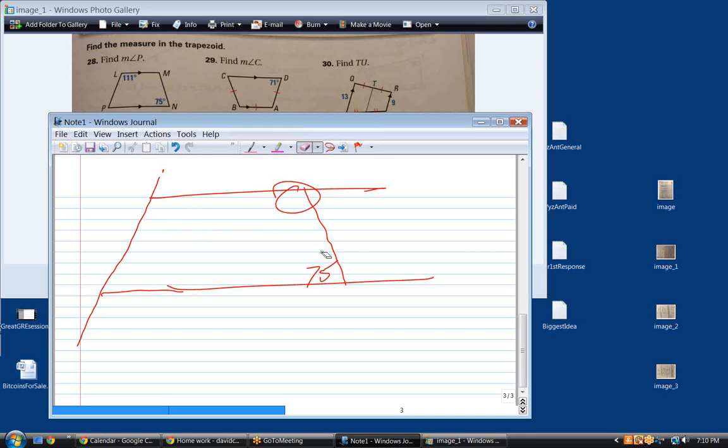Now, the next, number 29, they make this equal to that, which is important in that it makes their opposite angles equal also. Additionally, they've made this side equal to those two. I'm not sure that matters, but they want to know what angle C is.